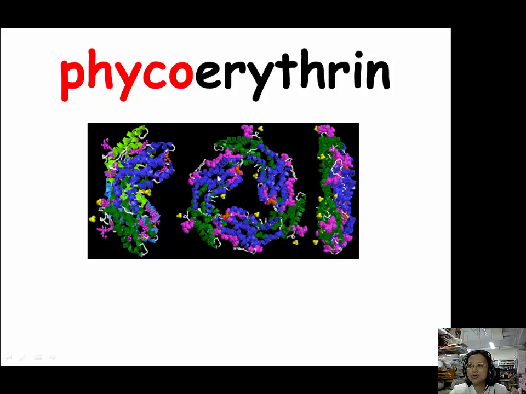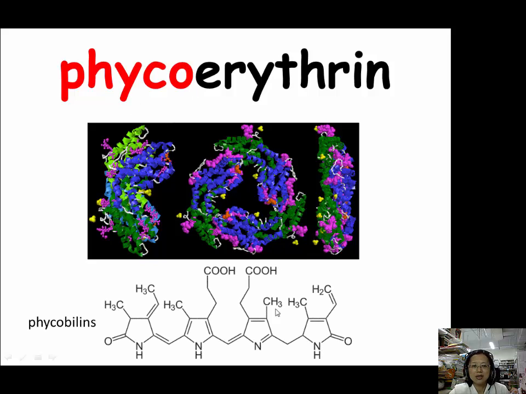It is accessory to the main chlorophyll pigment responsible for photosynthesis. In every phycoerythrin, you can find a pigment called phycobilin. Phycobilin is the pigment which makes the phycoerythrin look red.